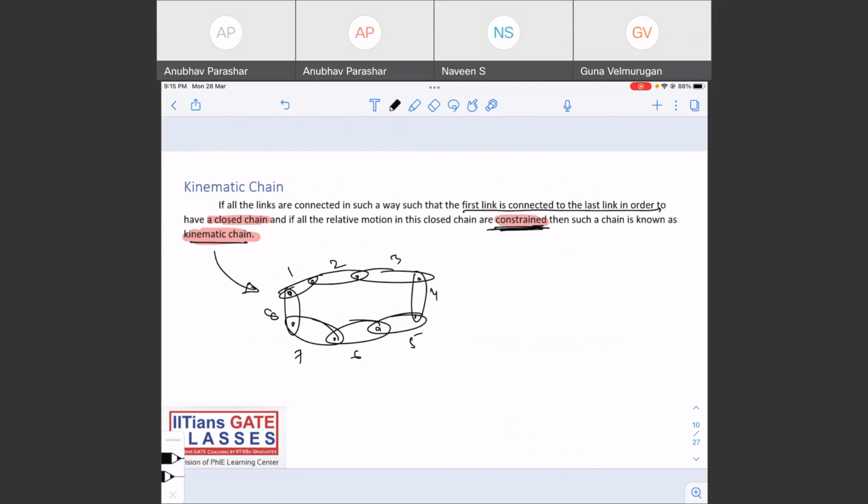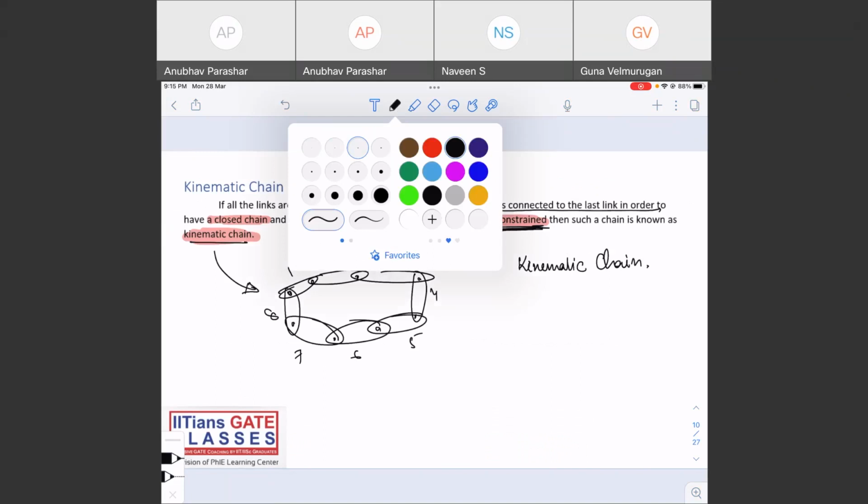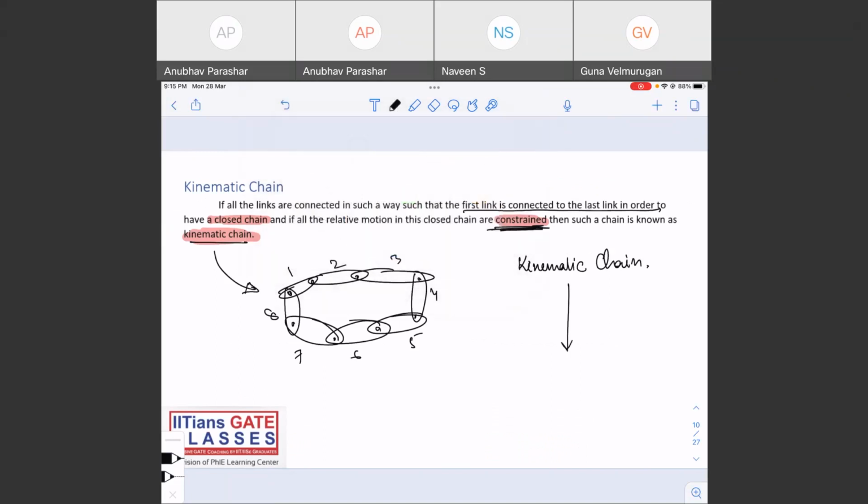Now I'll tell you how exactly you get a mechanism. First of all, you make a kinematic chain. You cannot use the chain unless you fix one of the links. If you fix one of the links, what you'll obtain is a mechanism.